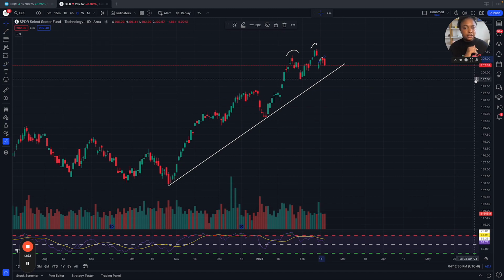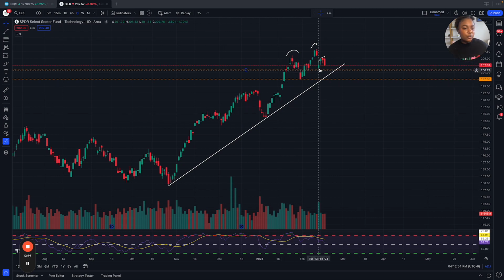We'll go ahead and mark that off. So this moved down to the trend line to about 198. If we come below the low of Tuesday, so about 201, I'm definitely going to be interested in doing a short-term swing down to about 197 to the trend line, and if it does break there.